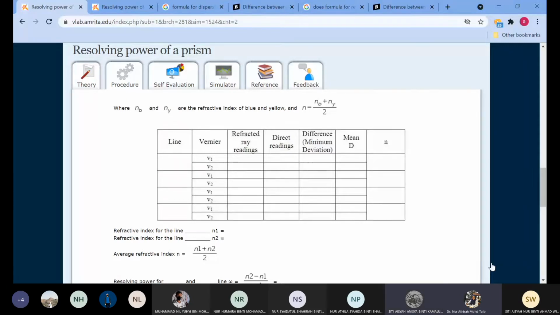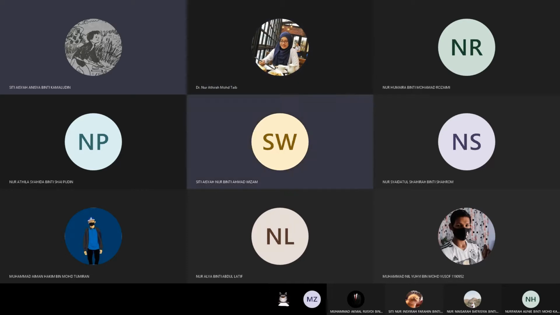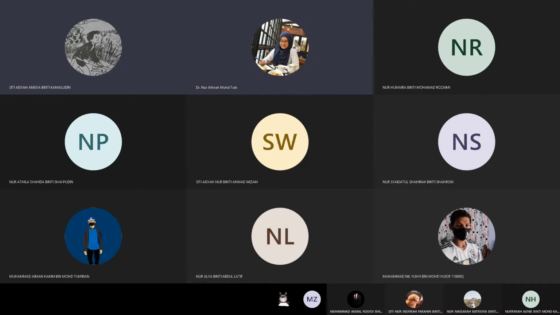Yes, minimum deviation times wavelength for each line color. Is it correct? How did you get that equation? We just briefly searched on the internet, and I think we used that formula.